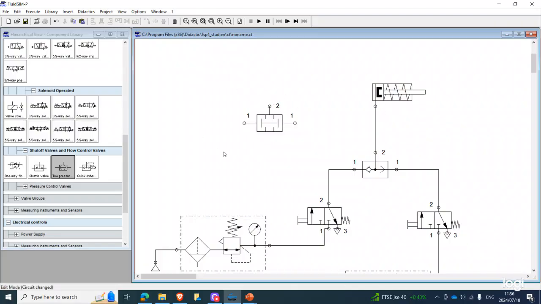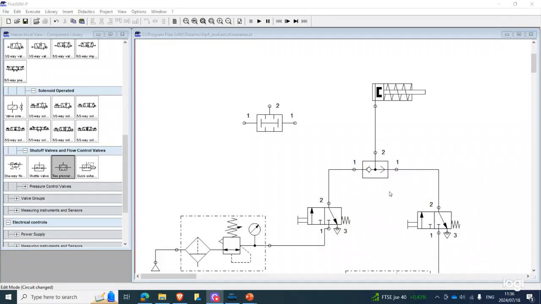But using an AND gate, right, we need both of the push buttons to be advanced for air to go into the cylinder, right?